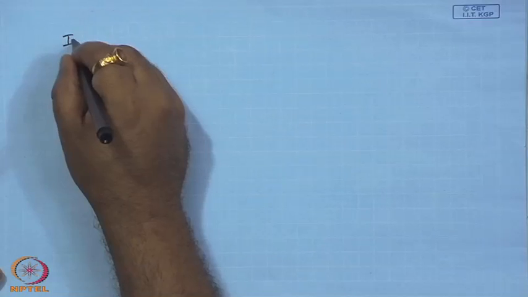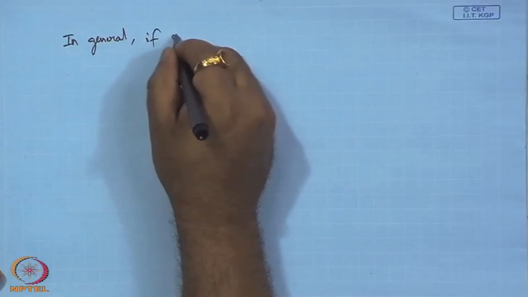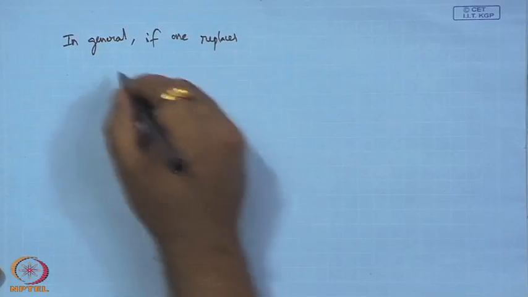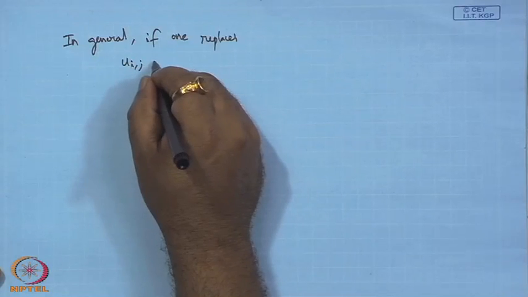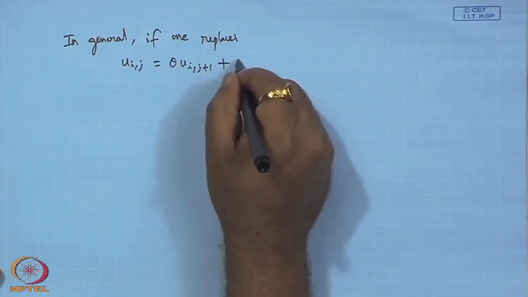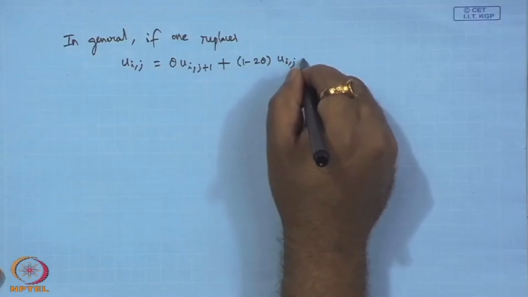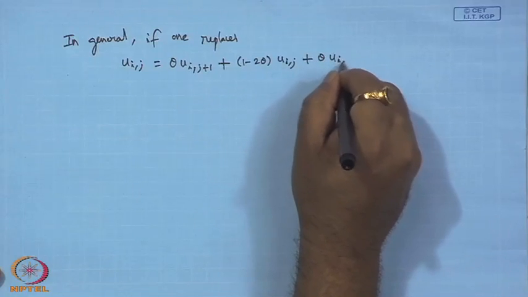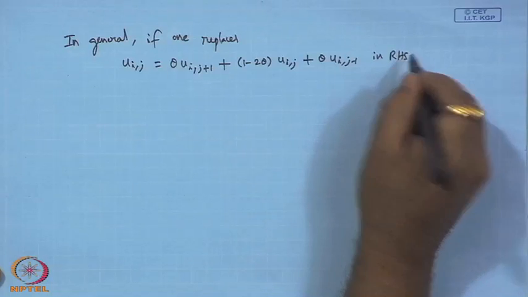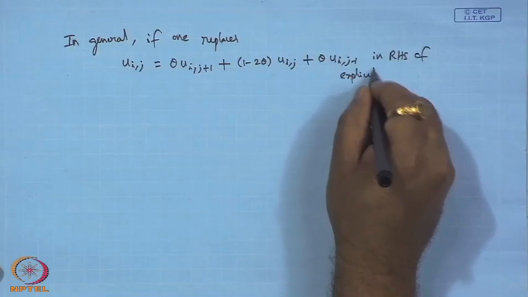So, in general, if one replaces Uij by an approximation in RHS of explicit method.